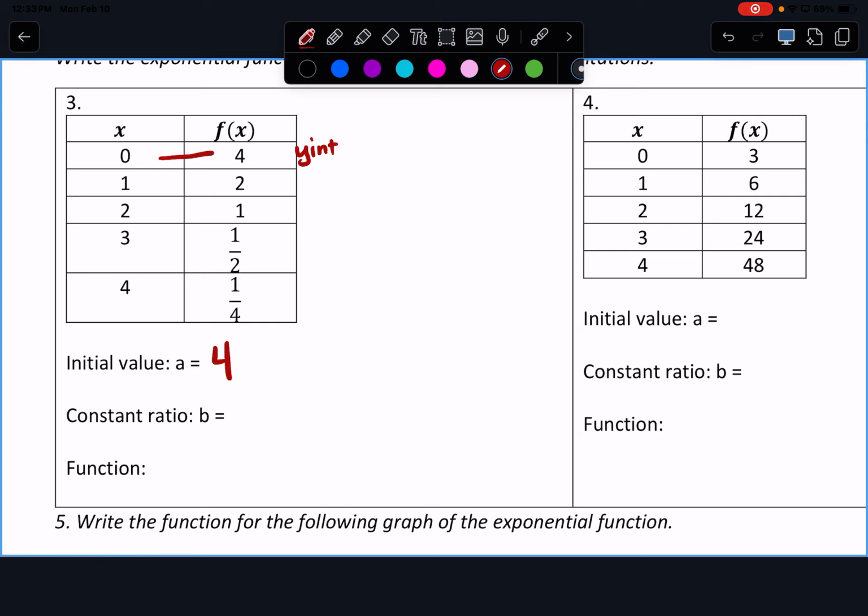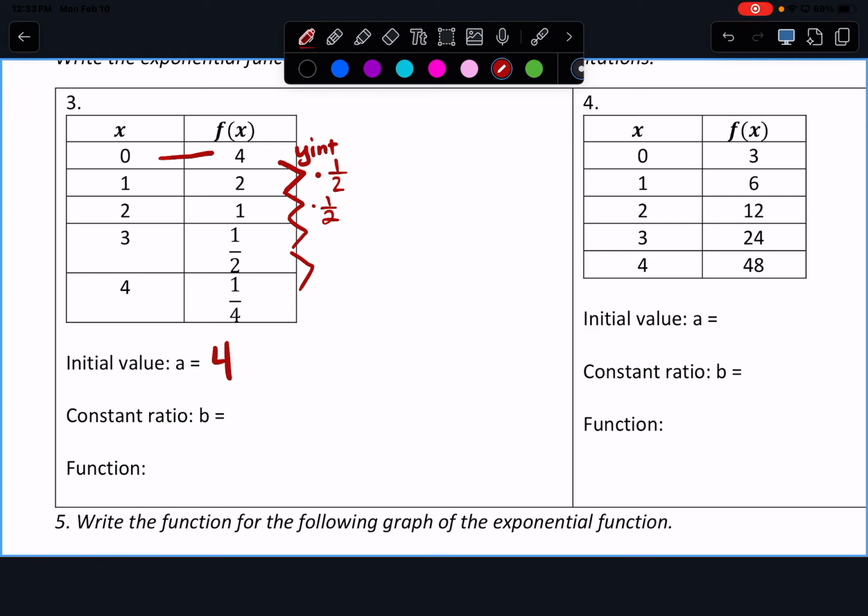Okay. Now, to go from 4 to 2, what number would I need to multiply by? Divide by 2, which is the same as saying what? Multiplying by 1/2. To go from 2 to 1, I would also be multiplying by 1/2. Go from 1 to 1/2, same thing, 1/2 to 1/4.